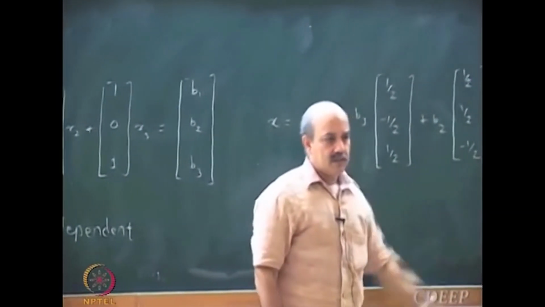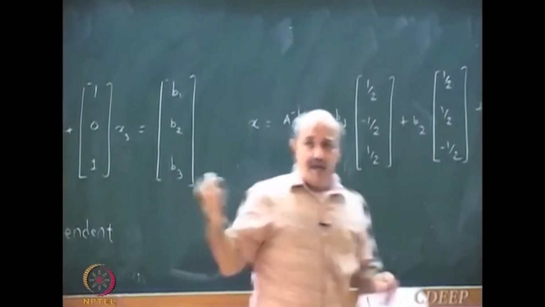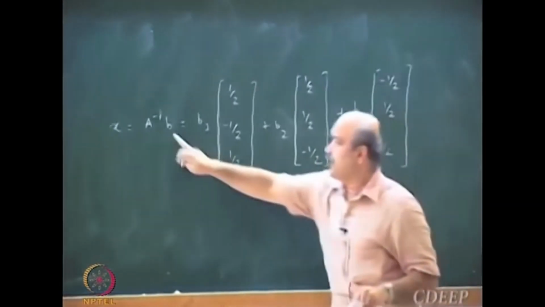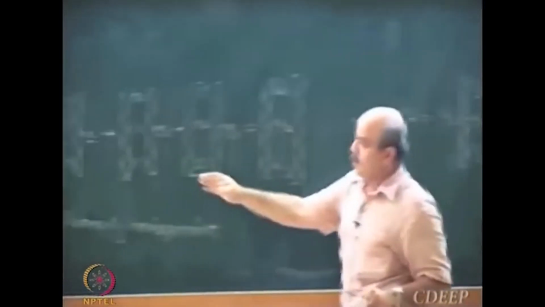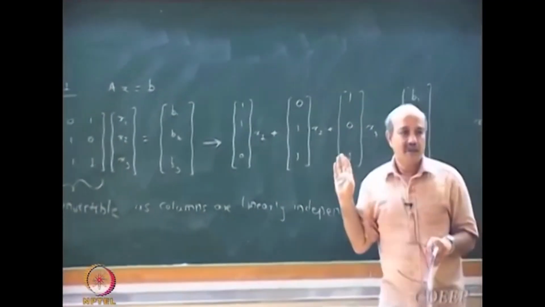Gaussian elimination, Gauss-Jordan method, you can compute the inverse. I'm just rewriting the solution in terms of A inverse b, except that I have chosen to write it like this.